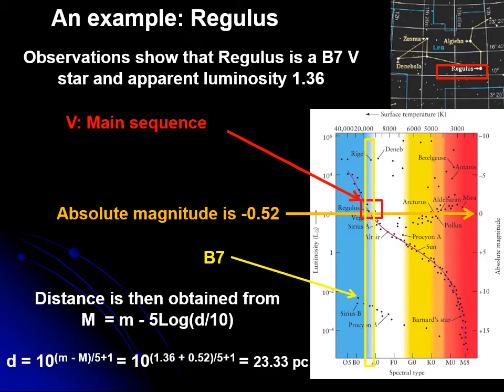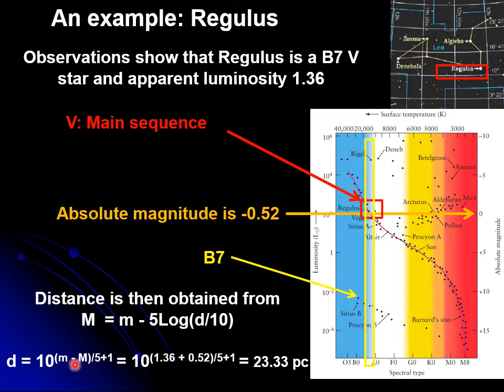And with that, we can invert our relationship between the absolute and the apparent magnitudes to extract D out of this equation. So a little bit of algebra gives you that D is going to be equal to 10 raised to this power, little m minus capital M, divided by 5, plus 1. In this case, little m is given as 1.36.